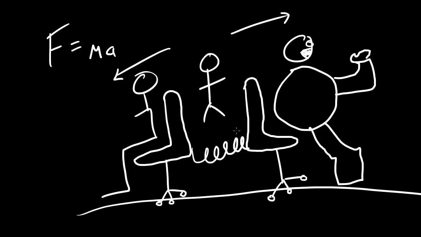Well, you would go flying, and this guy right here would move, but only a little bit. Why would he only move a little bit and you would move a lot? Well, that is because the force is the same, but the mass is not the same. You are so much less massive than this guy that you have greater acceleration with the same force.